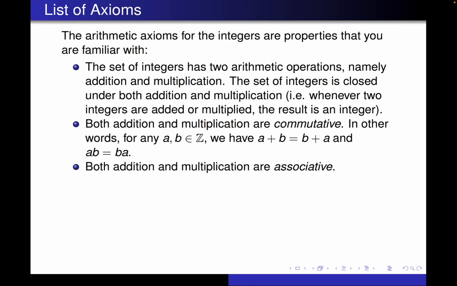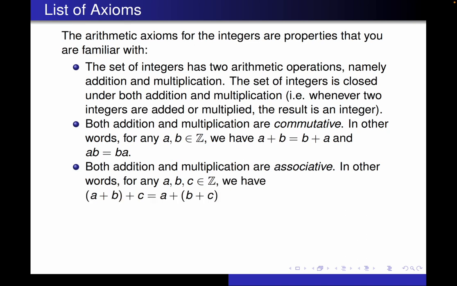Addition and multiplication have a property called the associative property. And before I explain that, I should really emphasize that addition and multiplication are really operations between two numbers at a time, right? So I can only add two numbers at a time. I can multiply two numbers at a time. So then the question is, well, what does it mean to add three numbers at a time or multiply three numbers at a time? Well, we can do that in two ways, right?